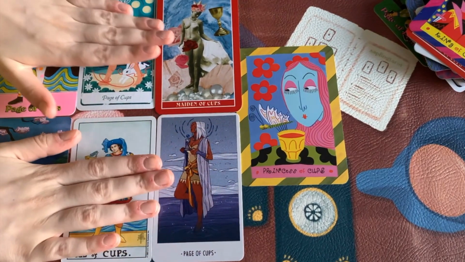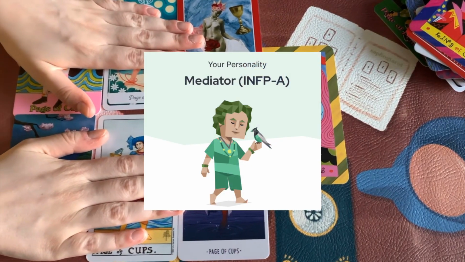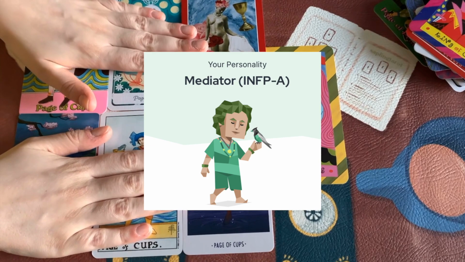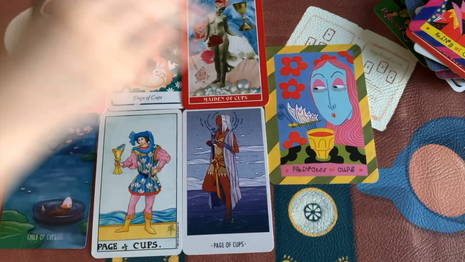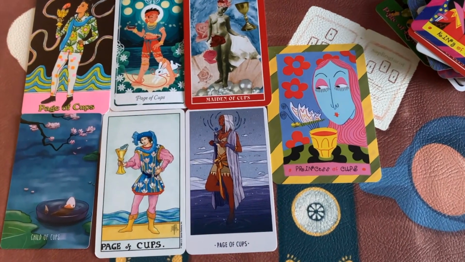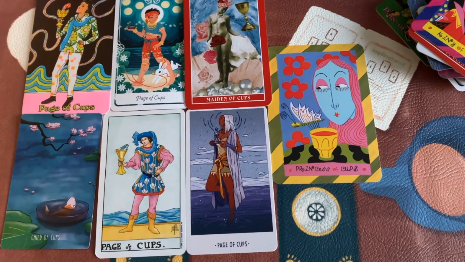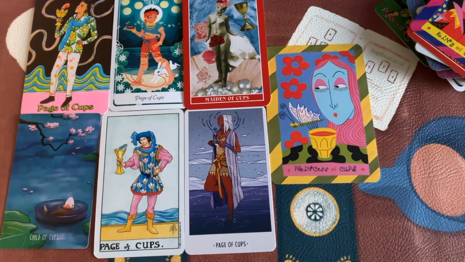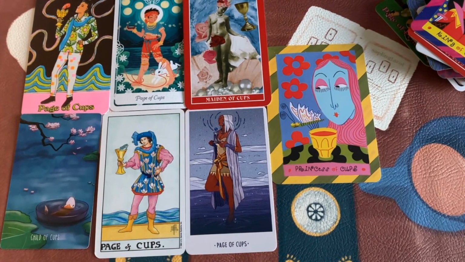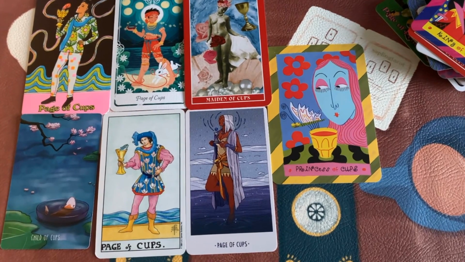I think the caption for this personality type is the mediator, and I think that's an interesting thing for a page to be, because I don't know if the page would usually get the respect required to be something like a mediator, but I do think that the earth quality of the pages would bring something to that.